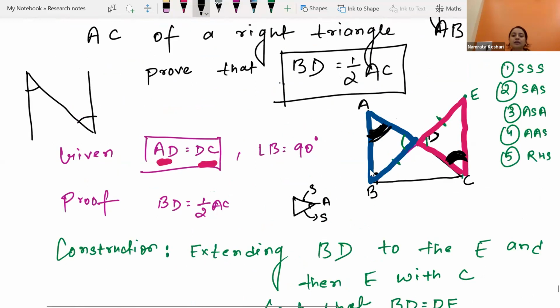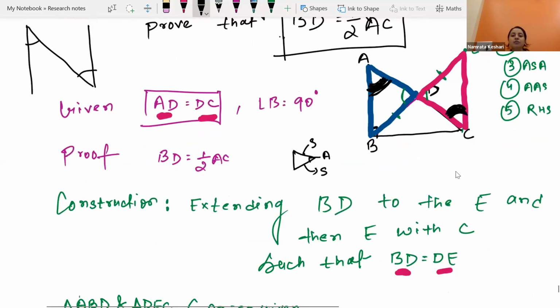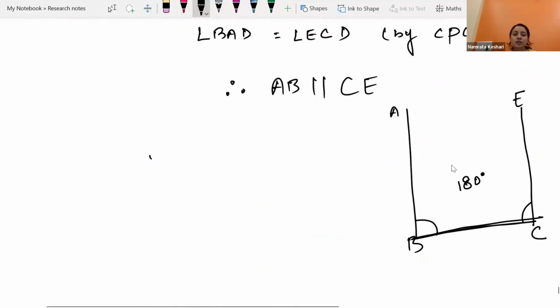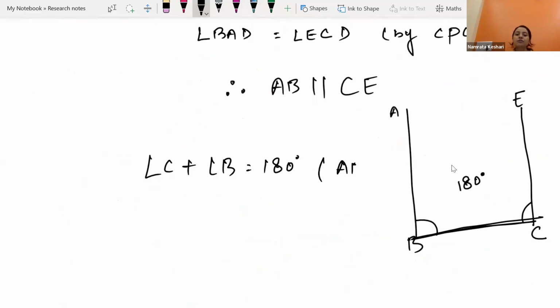So the complete angle B and this complete angle C, the sum will be 180 degrees. Angle C plus angle B is equal to 180 degrees. Here we will write, since AB is parallel to CE and we are taking interior angles on the same side, or if you want, you can write co-interior angle.